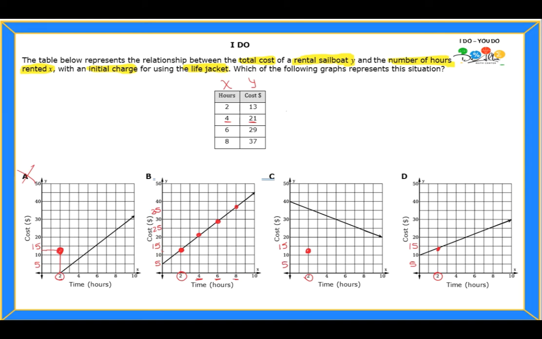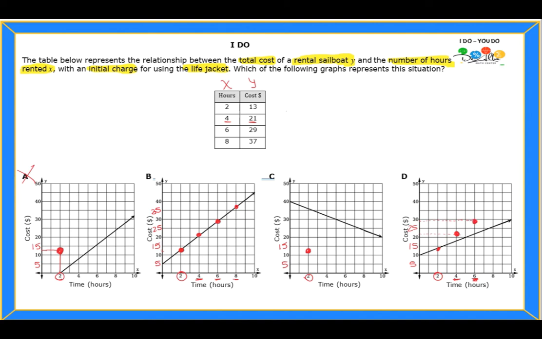So let's go check on 4 and 21. 4 is here. 20 is here. So 21 will be just a little bit above that. Okay? And I'm going to go up and look at where that is. It's a little bit off from the line, right? Just to be on the safe side, we can check 6 and 29. Here's 6. That's 30. 29 is just below that. Very, very close to 30 though.